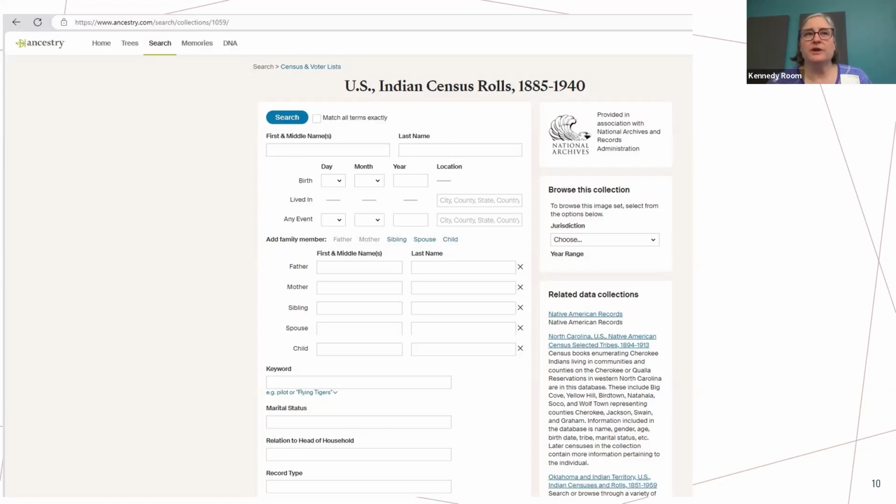Most of the 1940 ones are still in the Bureau of Indian Affairs records at National Archives and not actually digitized on Ancestry or other places. And there are a couple other collections. If you go to the card catalog on Ancestry and do a keyword search for Indian census, you should be able to find some additional resources if you are interested in these records.